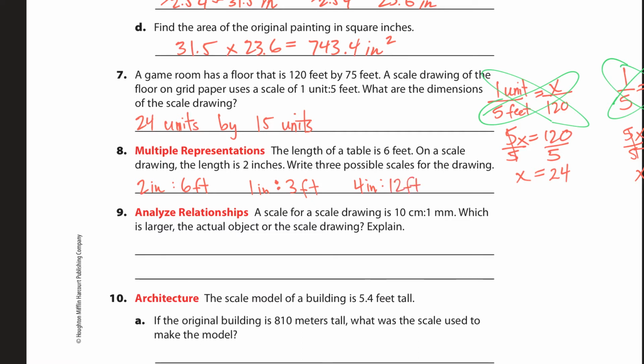Okay, a scale for a drawing is 10 centimeters is 1 millimeter. Which is larger, the actual object or the drawing? Well, let's see. We're going from 10 to that.